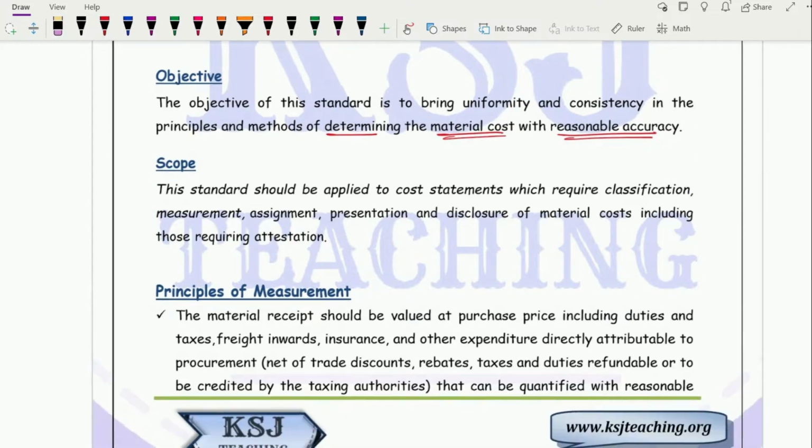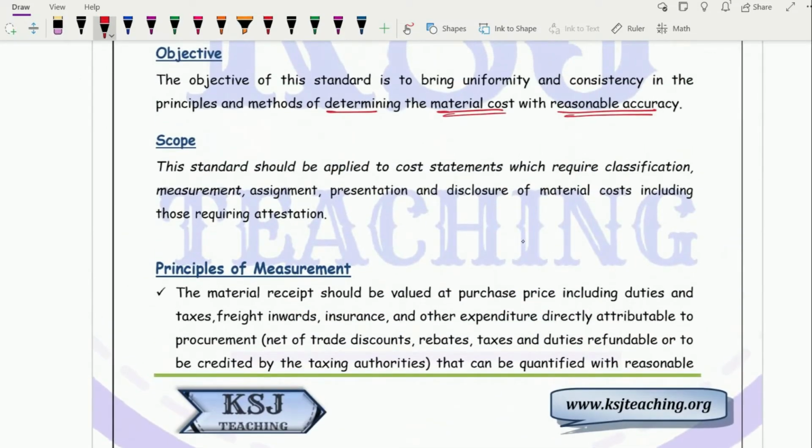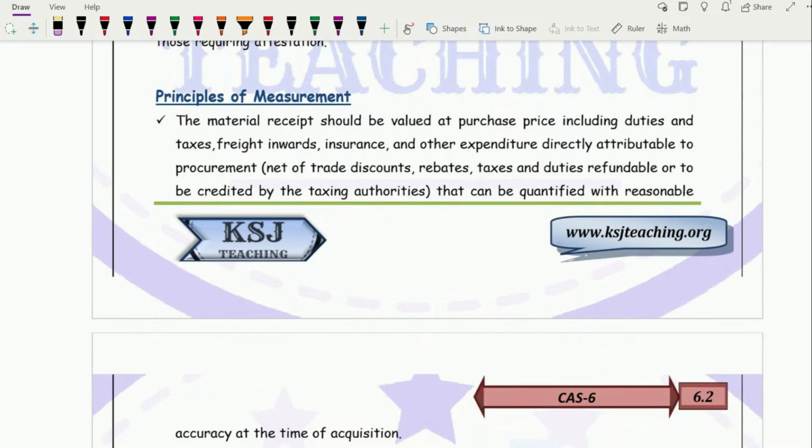This standard should be applied to the cost statements which require the classification, as has been written in all the CAS, right? Now, the principles of measurement. The principles are more or less what we have discussed in material costing. It says the receipt of the raw material, when you are purchasing the raw material from a supplier, should be valued at purchase price, including duties and taxes, freight inward, insurance, and other expenditure directly attributable to the procurement, right?